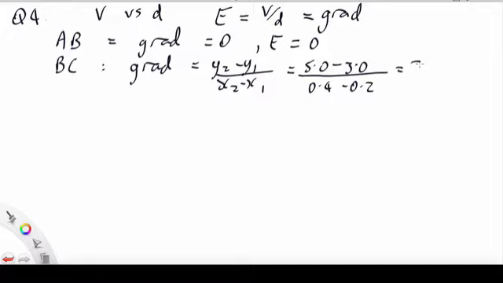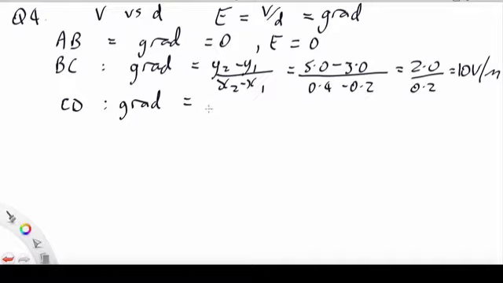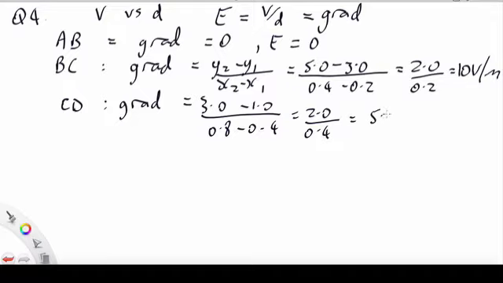So we have 2 over 0.2 gives us 10 volts per meter. And for the part CD, the gradient on the same basis, it's now 3 minus 1 over 0.8 minus 0.4. So that again is 2 over 0.4, and that is 5 volts per meter.